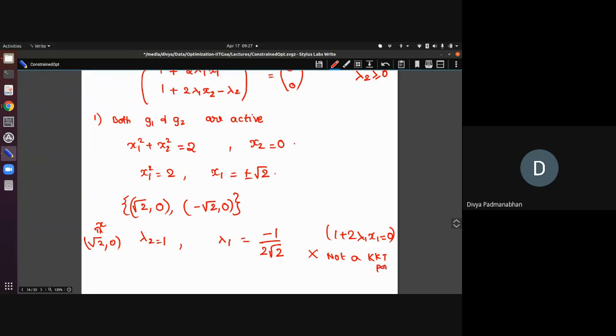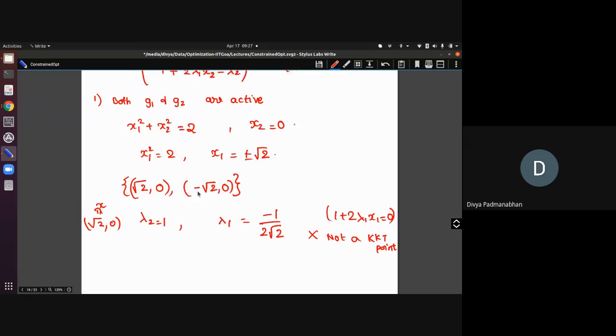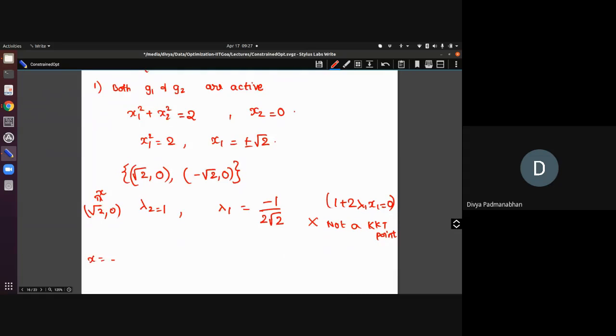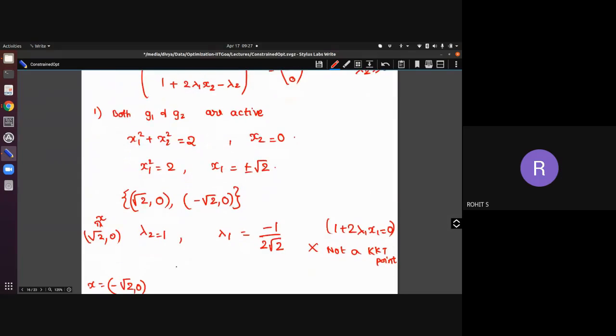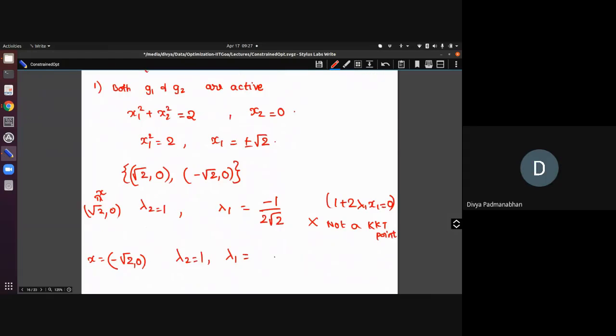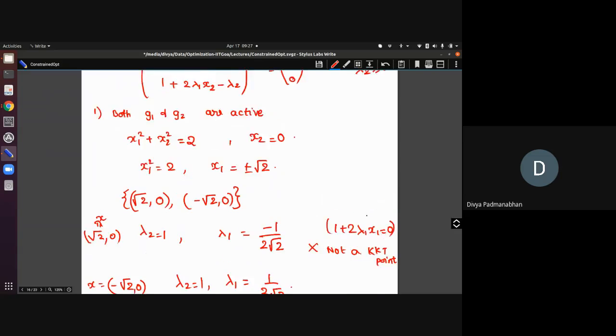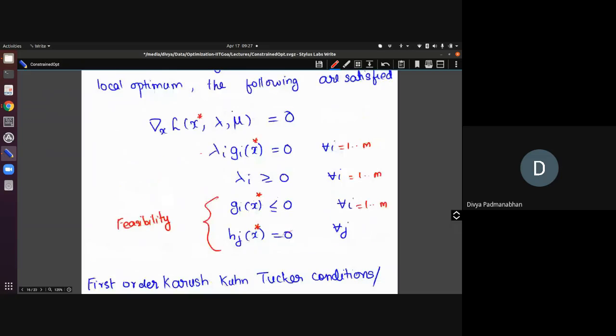So let's take the other case. Now we take x as minus root 2, 0. Again, lambda 2 is 1. And what is lambda 1? 1 by 2 root 2. Now this is satisfying all these conditions above, right?